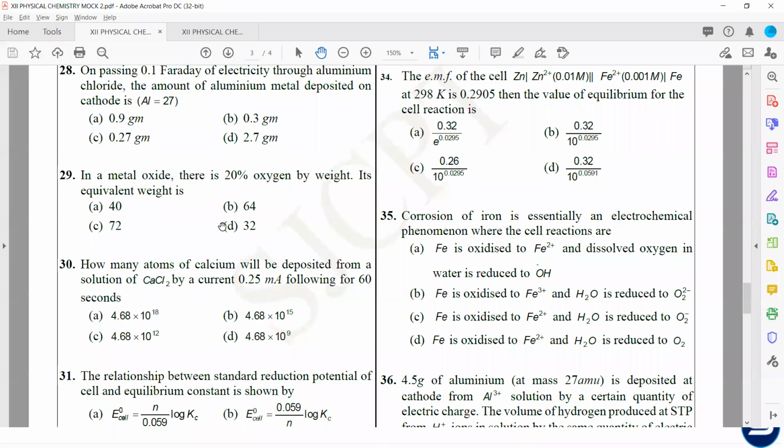First of all, one important point you observed from the question: EMF of the cell is given as 0.2905. For equilibrium constant, do we require the EMF or the standard EMF? Look at this.